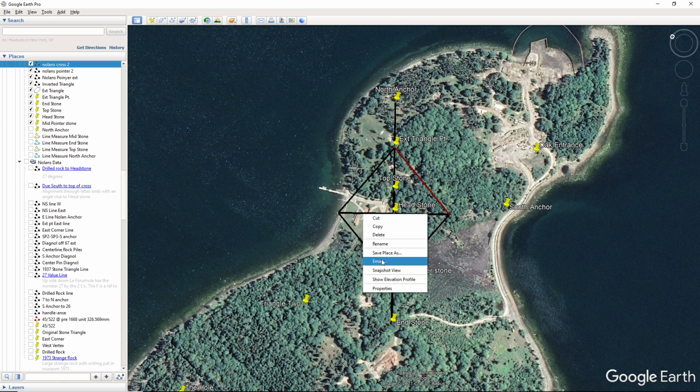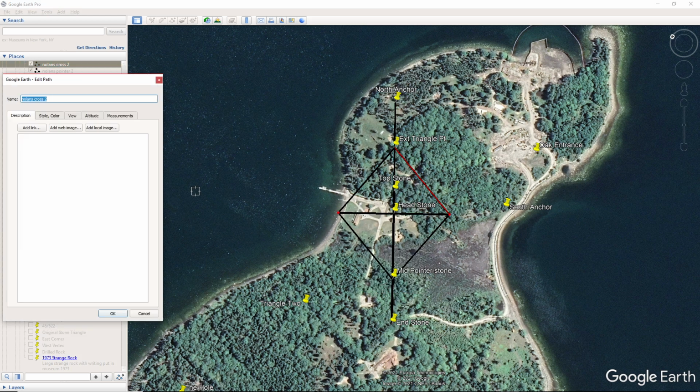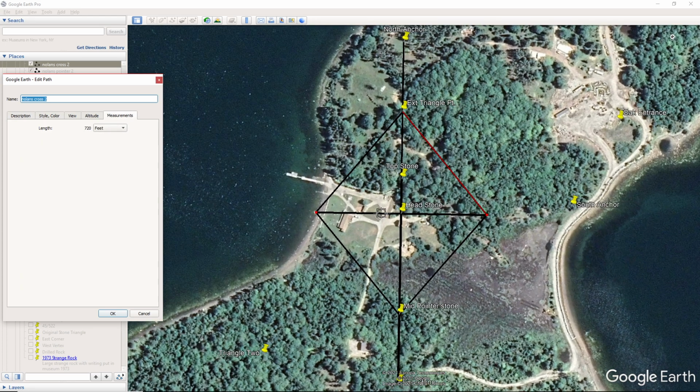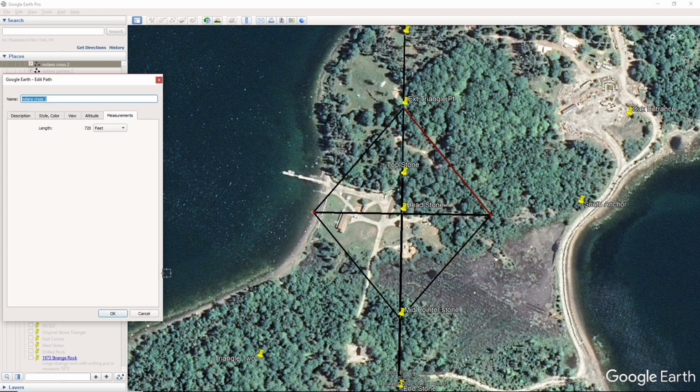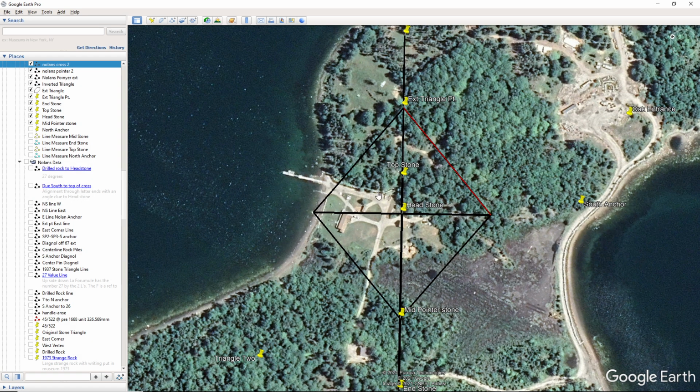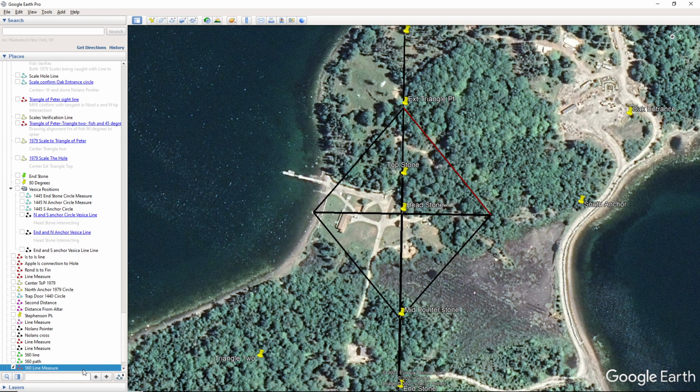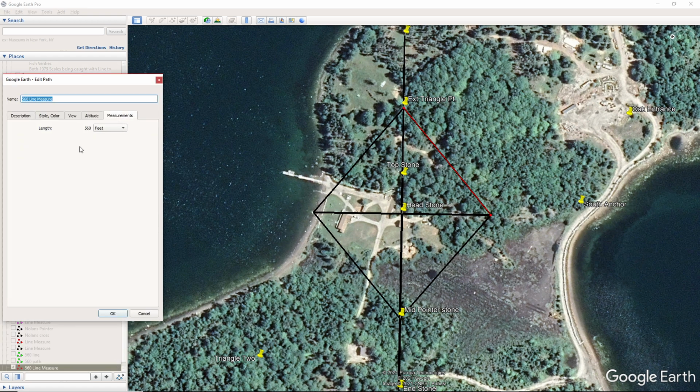Here's Nolan's cross here, properties, and the measurement is 720 feet. So we have 720 feet laid out here. Now, this measurement here that I've measured, one of the sides is 560 feet. Each one of these segments is 560 feet.